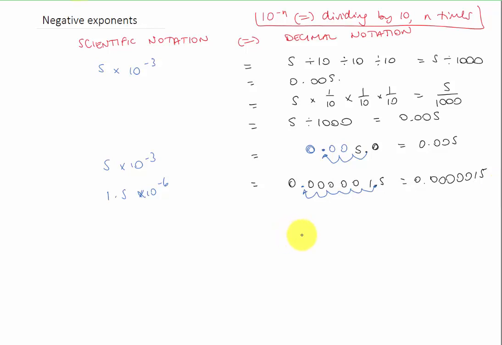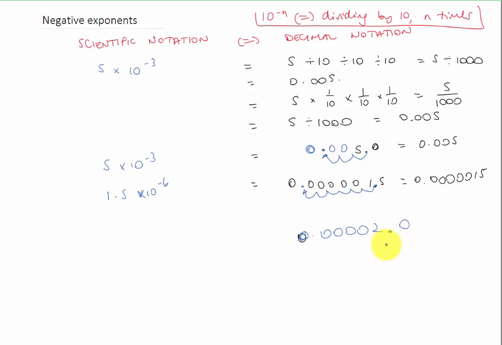Alright, now let's do something the other way around. So let's say we start with something in decimal notation that's smaller than 1. So how about 0.00002? Why not? Okay, so here we want the decimal point to be over to the right.